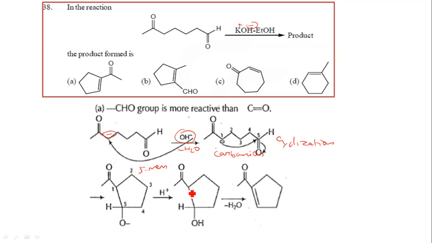Now on adding a proton, a water molecule was removed and you will get a double bond here. So here option A is correct. You can also draw this like this. And this was the product.